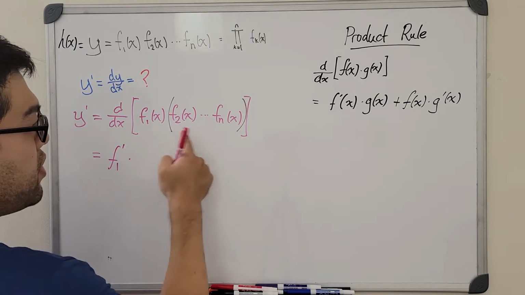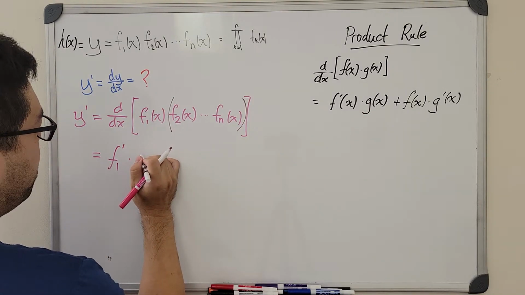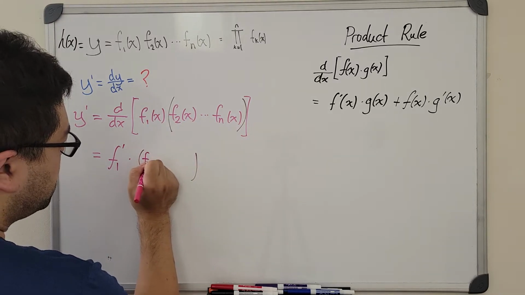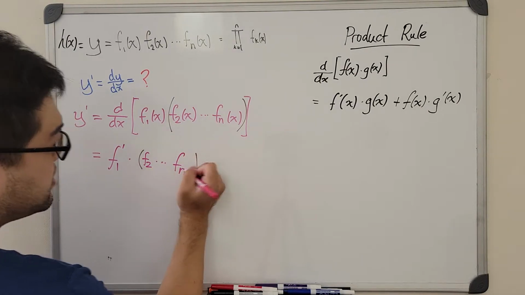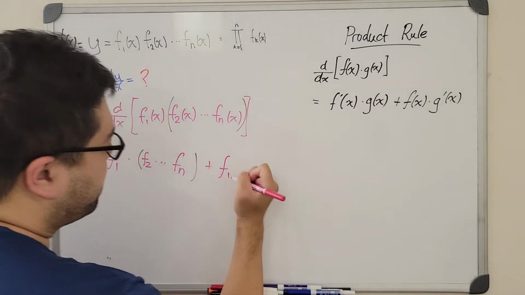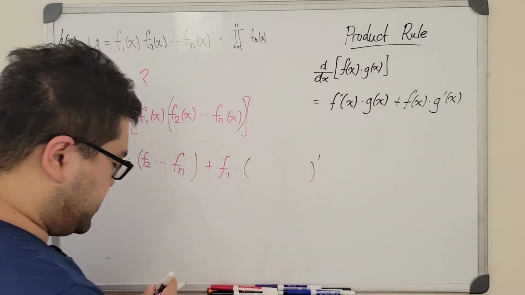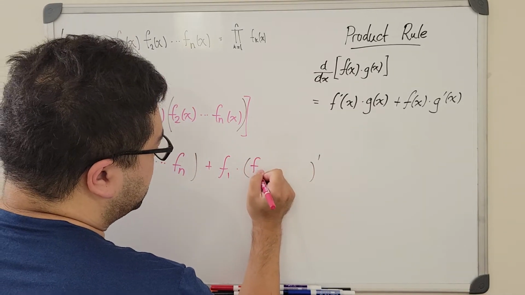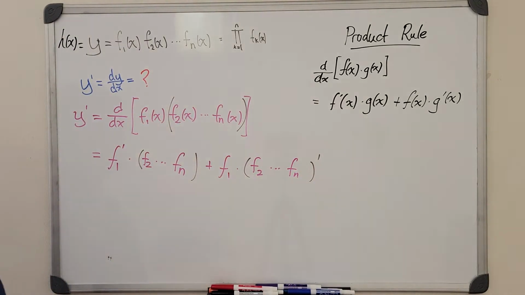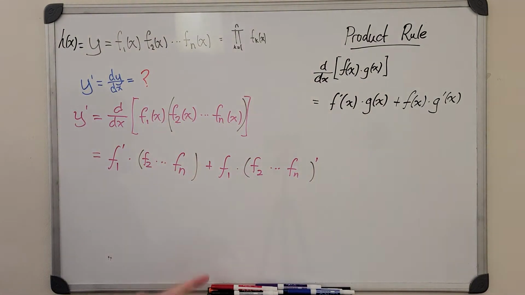Then we multiply with the second function, everything inside the brown parentheses. So we will have something like this, and then plus the first function times the derivative of the second function, which in our case is everything inside the gray parentheses. Let me write it like this. Good.